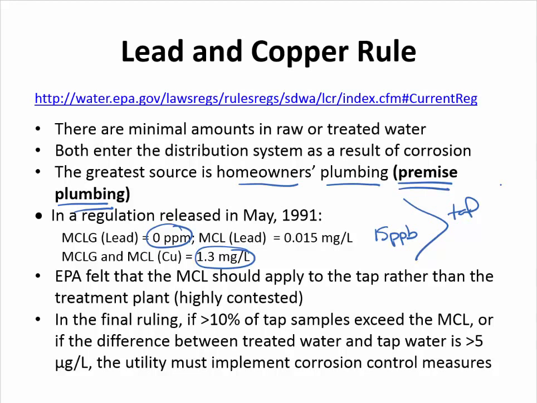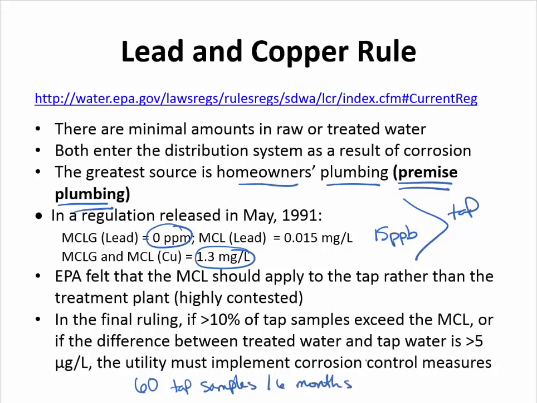In the regulation, a utility must sample a certain number of taps per year, and those taps depend on the size of the system. Lawrence was required to measure 60 tap water samples every 6 months.